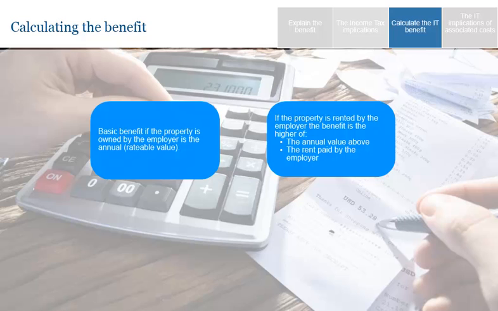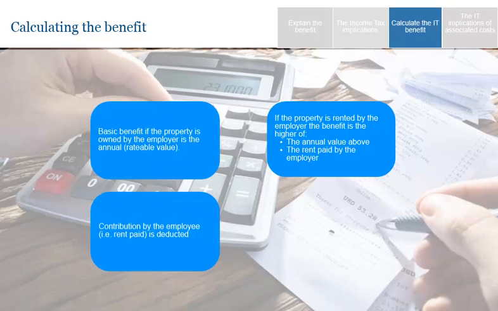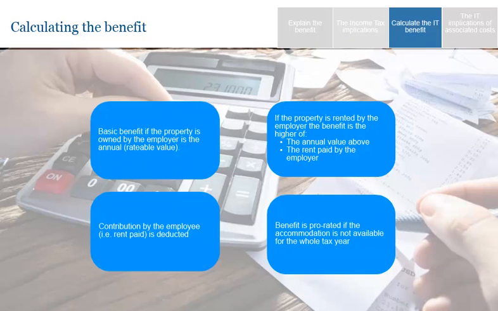If rented by the employer and then provided to the employee, the benefit is the higher of this annual value or the amount of rent paid by the employer. Any contribution by the employee, in plain terms rent paid by them, is deducted, and the benefit is prorated if the accommodation is not available for the whole tax year.